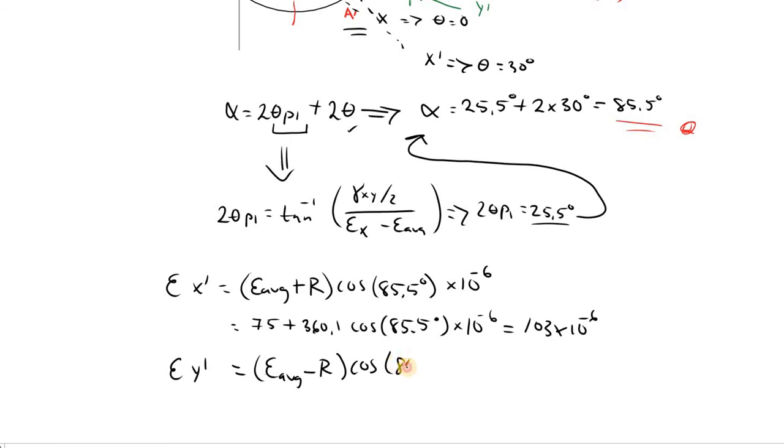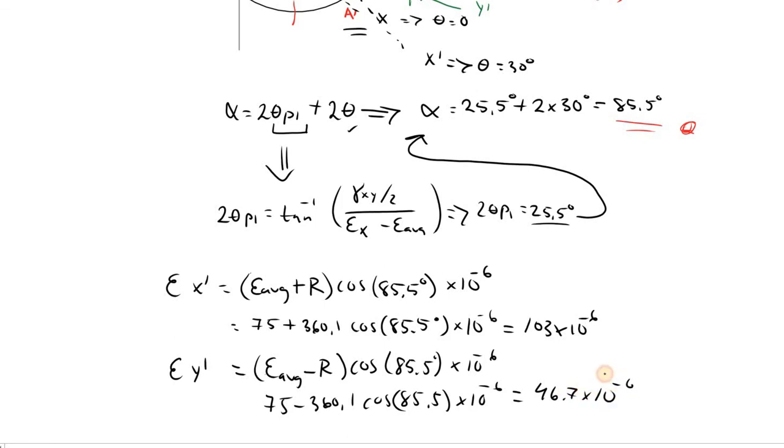So the 5.5 and 10 to negative 6. Again, put the values in, it's just the same as above, just negative instead of positive. 360.1 of negative 5.5, which will give us 46.7 times 10 to the negative 6.